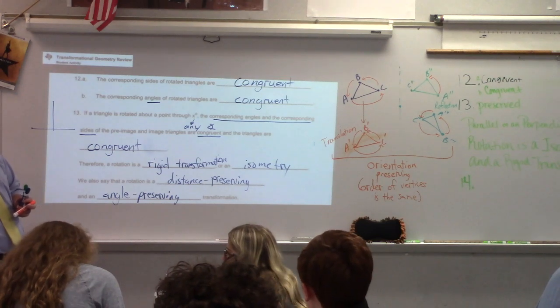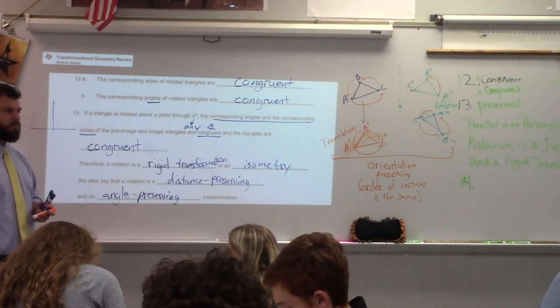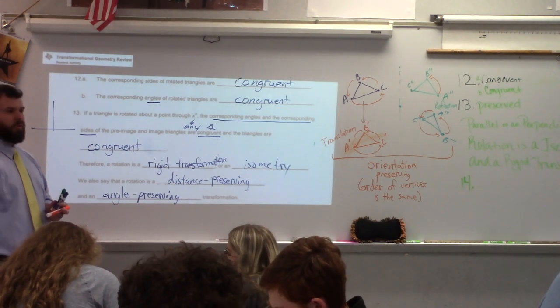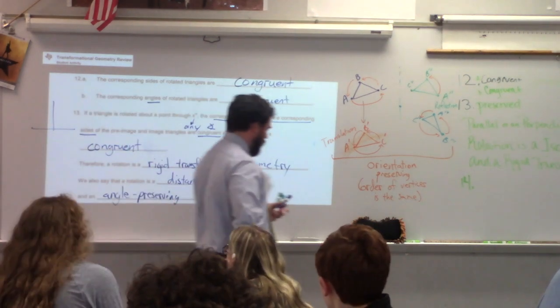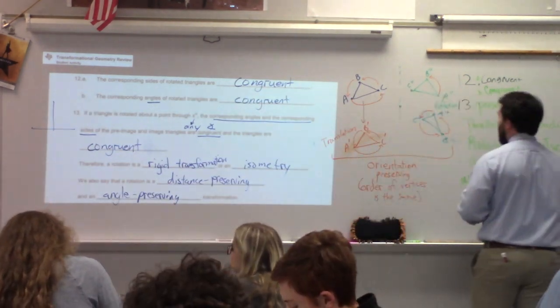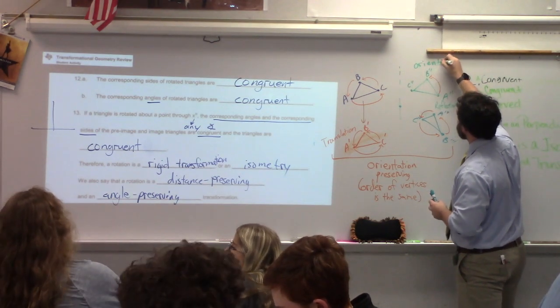So does anyone know what we'd call it for a reflection, since it's not preserving? We talked about it in terms of Uno last time. Oh, reverse. Right, a reverse card. Yes, it is orientation reversing.